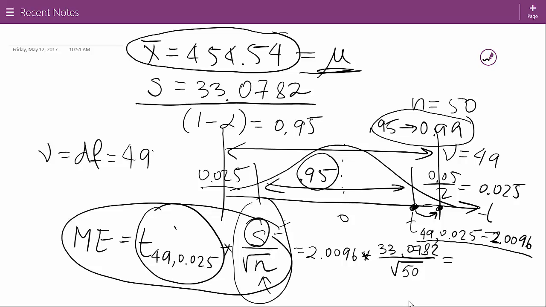So if I want to be more confident in my answer, from 95% to 99%, I need to use a larger t score, and that makes the margin of error larger, and that makes the confidence interval larger. Therefore, the more confident I am, the wider is the spectrum of values that I have to look at.